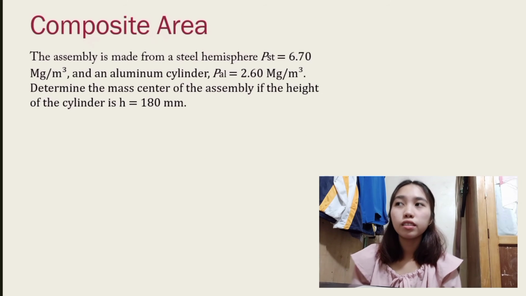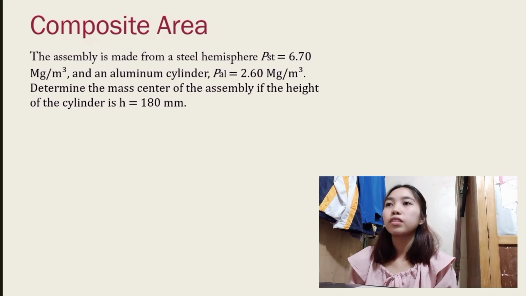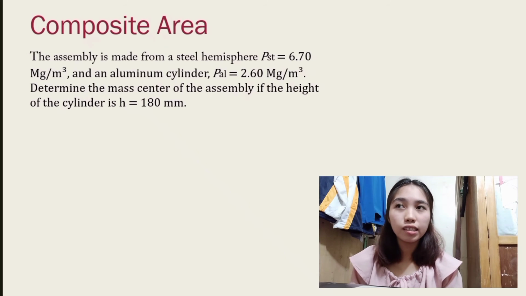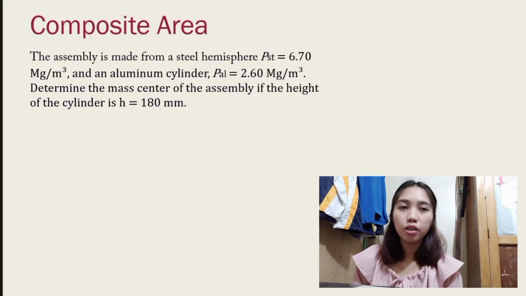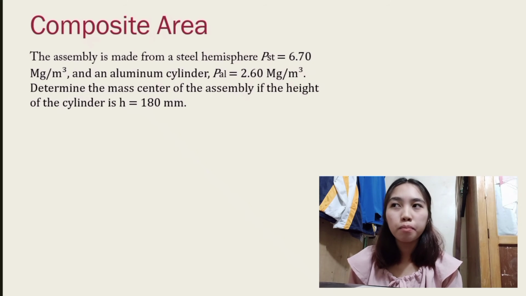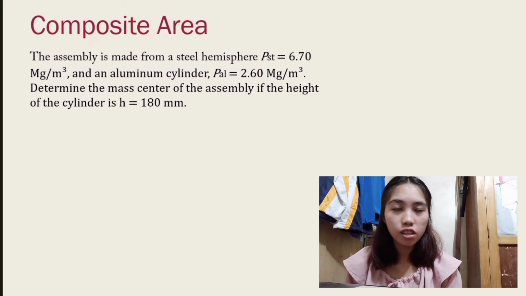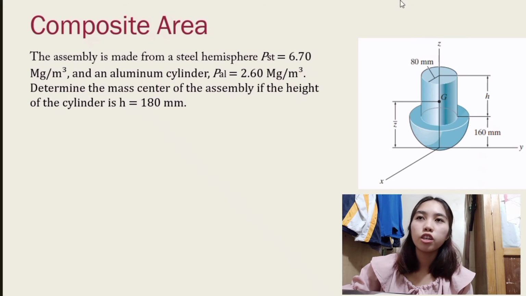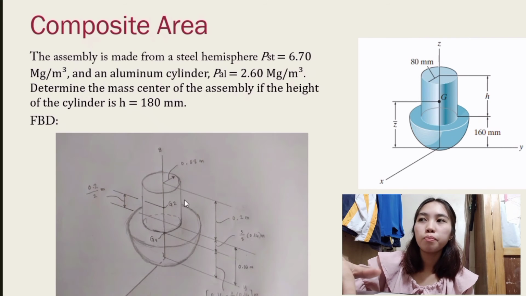So the example is the assembly made from a steel hemisphere, ρ_st equal to 6.70 milligram per cubic meter, and an aluminum cylinder, ρ_aluminum equal to 2.60 milligrams per cubic meter. Determine the mass center of the assembly if the height of the cylinder, h, is equal to 180 millimeter. So this is the figure, and then the free body diagram.